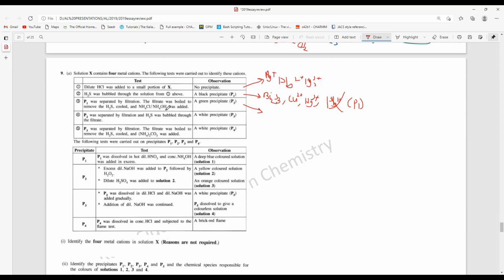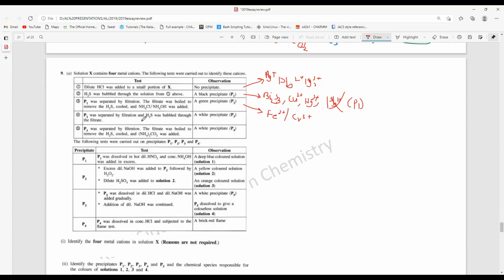So this green precipitate can be either Fe2+, or maybe the third group precipitates: aluminium, chromium, and ferric. From that, chromium is also green, a dirty green. So P2 is removed and H2S is bubbled.